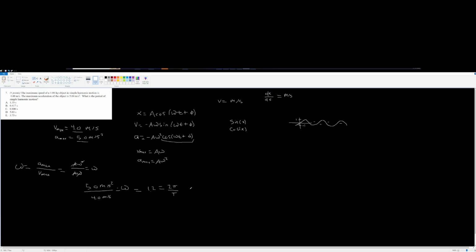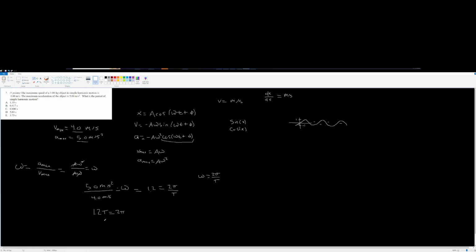And that simply comes from, we know omega equals 2 pi over T from our formula sheet. So if I were to multiply both sides by T, then I have 1.2 T equals 2 pi.